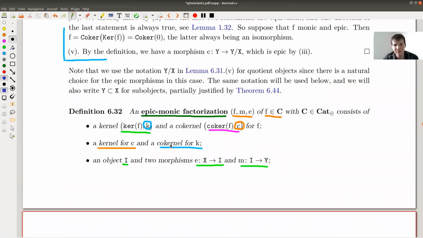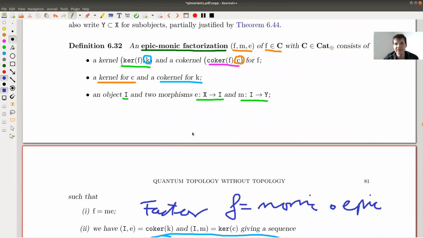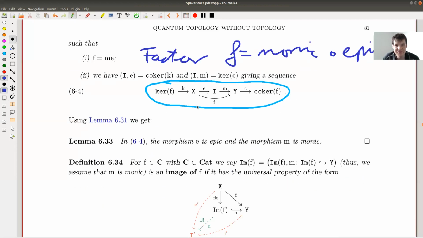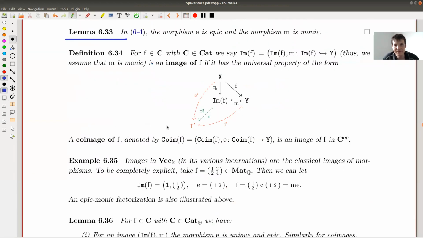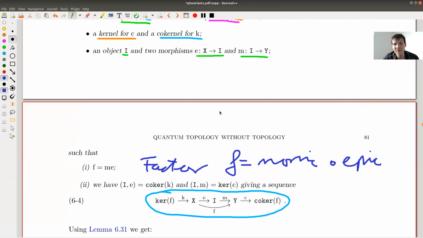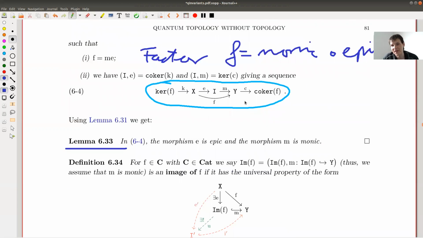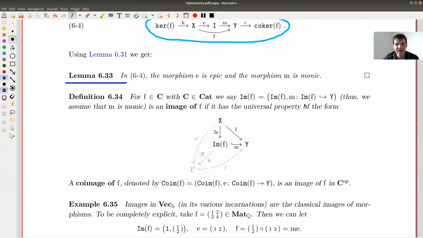And strictly speaking, it looks like here in definition 3.6.2. Nothing really scary. So yeah, okay. Let's ignore that lemma. I haven't told you that M is monic and E is epic, but it's basically saying that M is monic and E is epic. It's not just basically saying, it's just saying M is monic and E is epic.